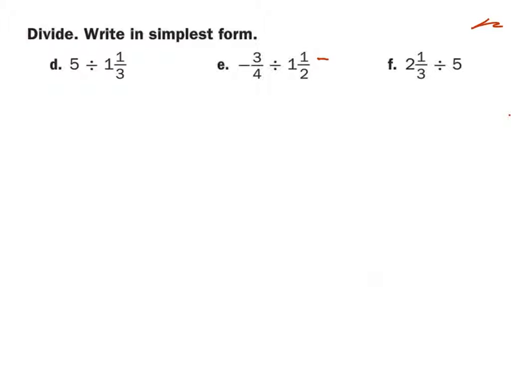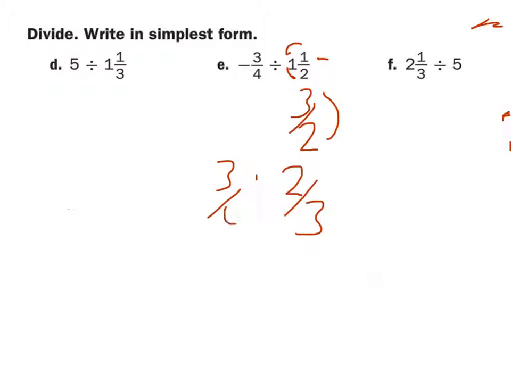And then 3/4 stays its way, and then you do 2 times 1, and then plus 1, which would be 3 over 2, and then you have to switch, which would be 2 over 3 times 3/4, which equals 6 over 12, which simplifies into -1/2.